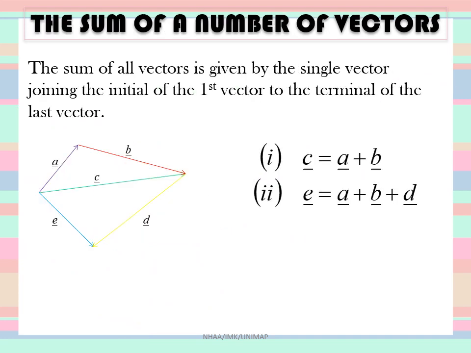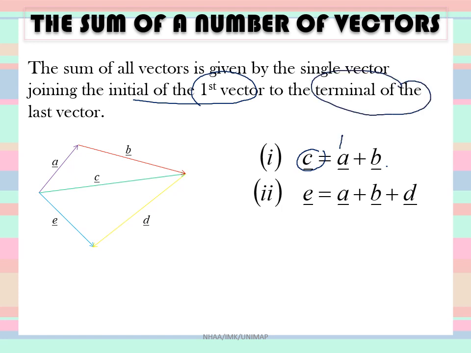Now let's proceed to look at the sum of vectors. For example, number 1 here, the summation of A and B. You have two vectors. The summation of these two vectors will result in a single vector, which is C, where C is a vector joining the initial of the first vector to the terminal of the second vector.